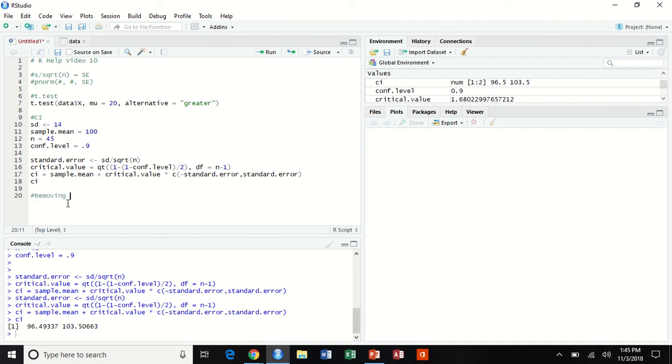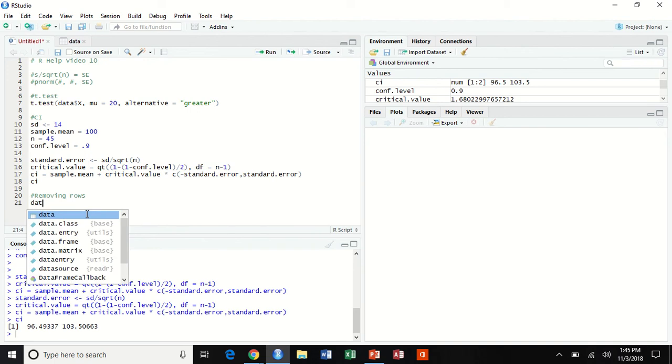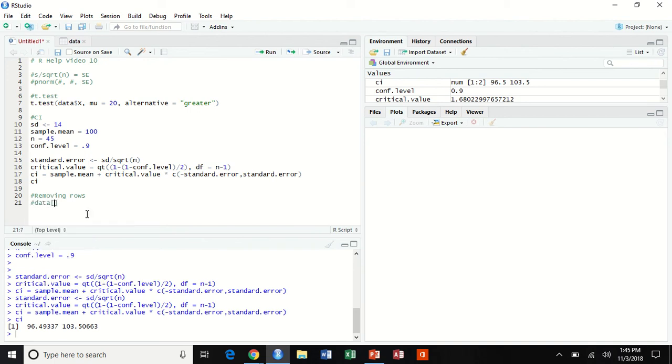Next, removing rows. This is important because one of the questions will ask you to remove a row. So to do this, you do data. I'll write a generic version first. Data, row, column.